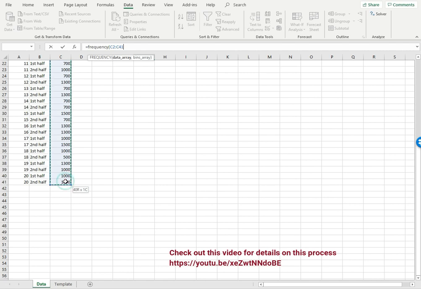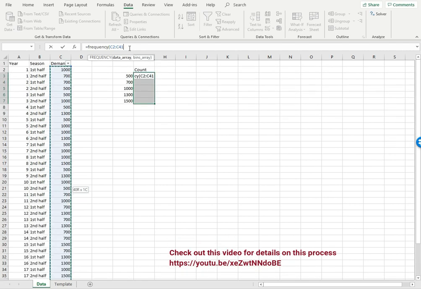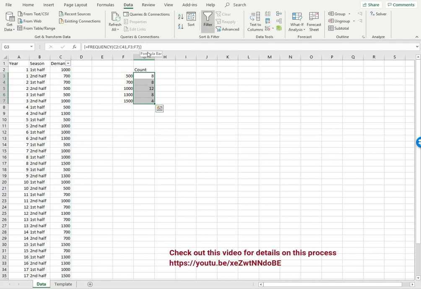Let me select all of them. Close it. Oh, sorry, not close it. We have another second input, the bins array. That's here. All right. And now you do not just press enter here. You hold Control, Shift, and press enter.